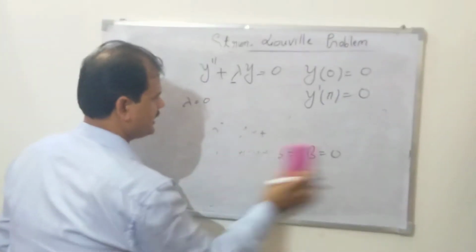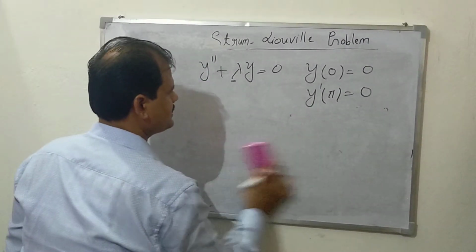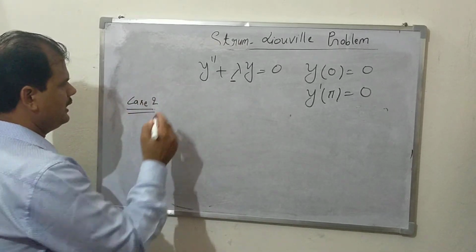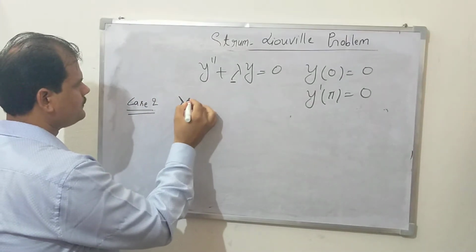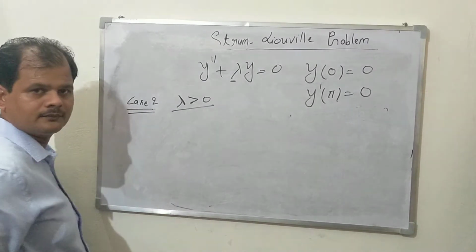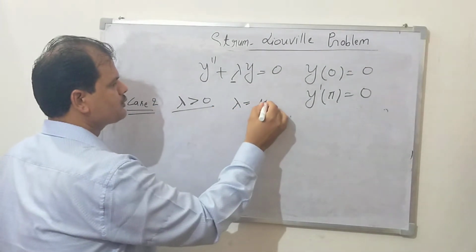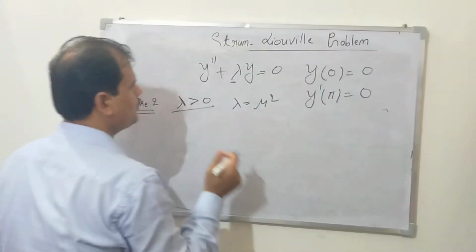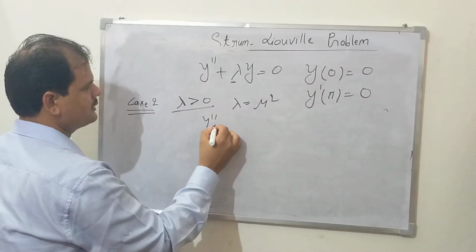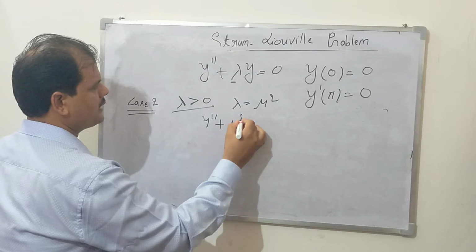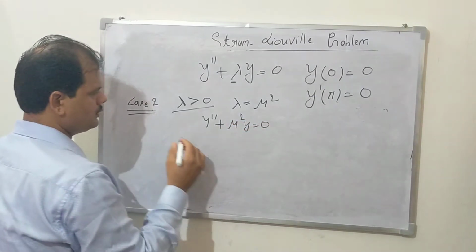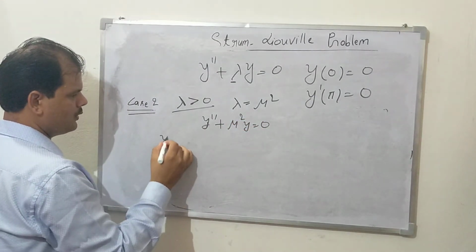Now the third and last case, we take lambda positive. Lambda positive, so lambda equal to mu square. So we get y double dash plus mu square y equal to 0. If you solve this one, what we get?